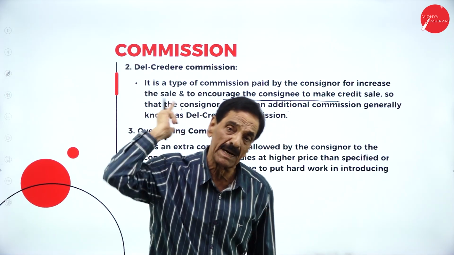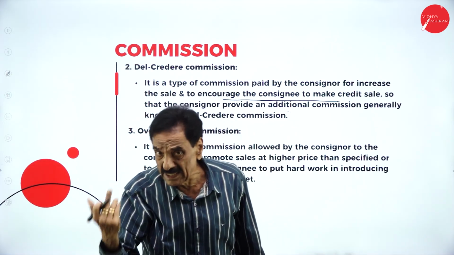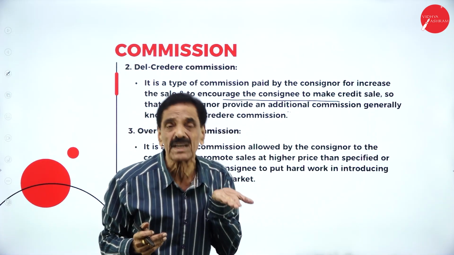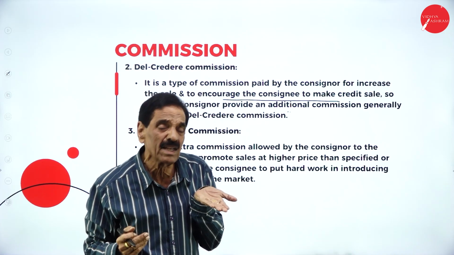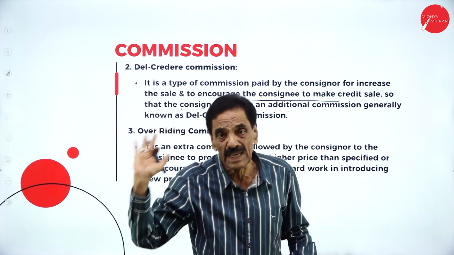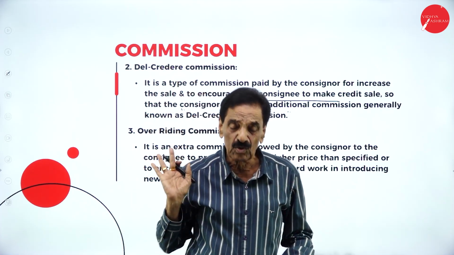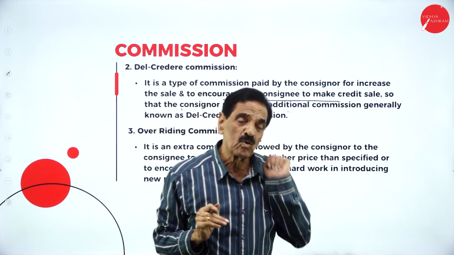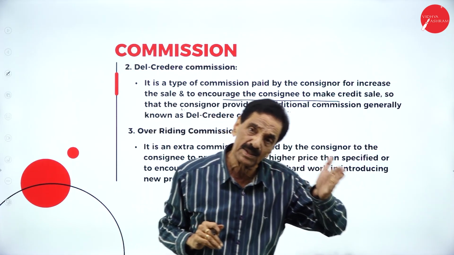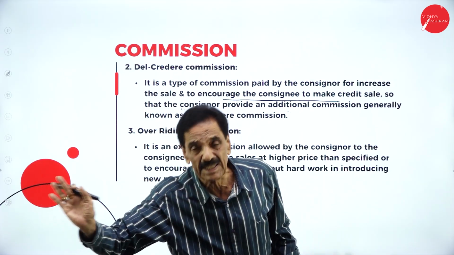It's payable by consignor to consignee to increase the sale. He will get the extra commission. Who will get the extra commission? The consignee will get an extra commission. The sale should be pushed so that there will be more sale. But the only thing here you understand, he can make the cash sale also, he can make the credit sale also.